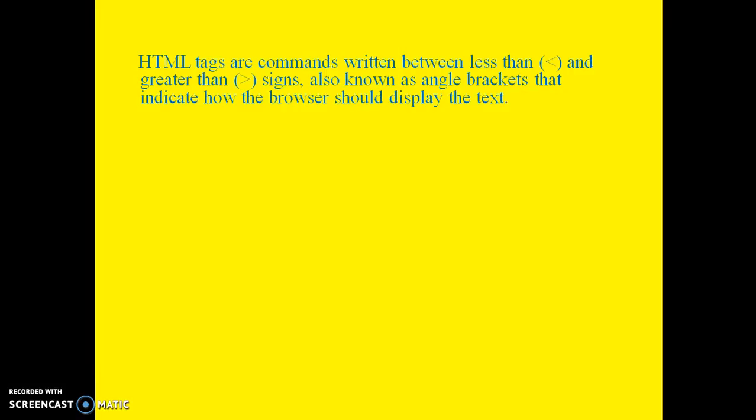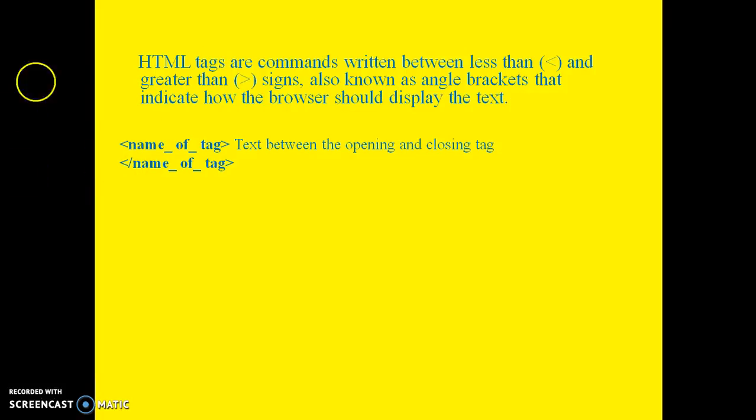HTML tags are commands written within a less than and a greater than sign, also called angle brackets, which indicate how the browser should display the text. Here is a simple syntax. We already said that we have two kinds of tags, the opening tag and the closing tag.